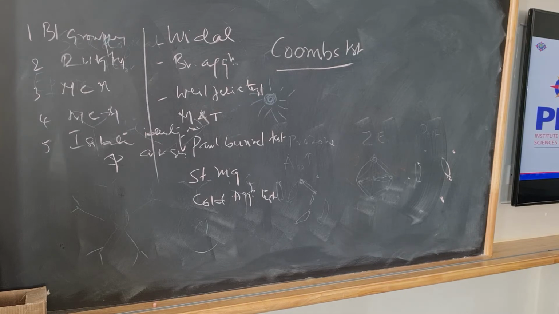Coombs serum is anti-human gamma globulin, an antibody to human antibody. It is the anti-globulin test, or anti-human gamma globulin test. Say it ten times: anti-human gamma globulin test.